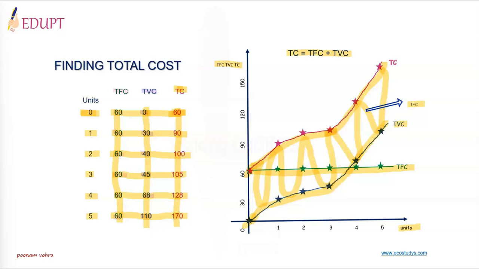And if one tries to find out the gap between total cost and total fixed cost, one will find that this gap goes on increasing as more units of output are produced, and the gap between total cost and total fixed cost is total variable cost, which goes on increasing with increase in the units produced.